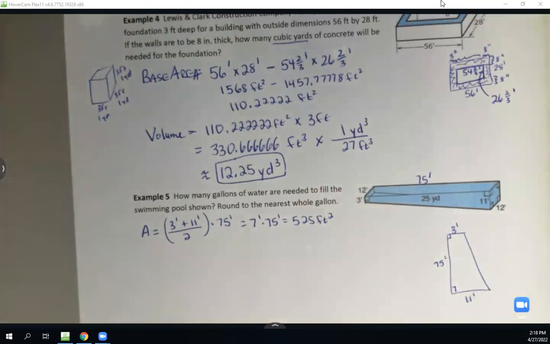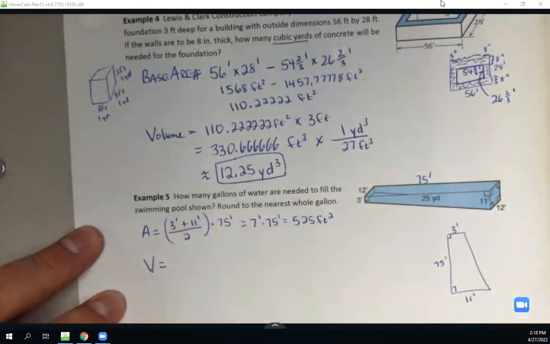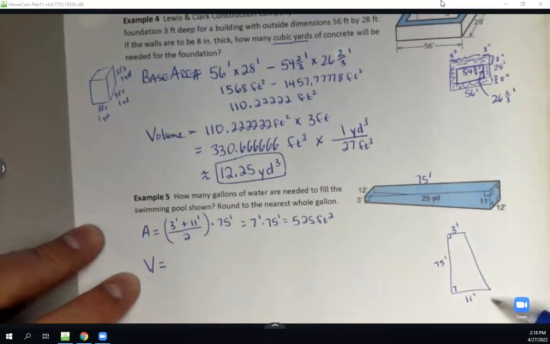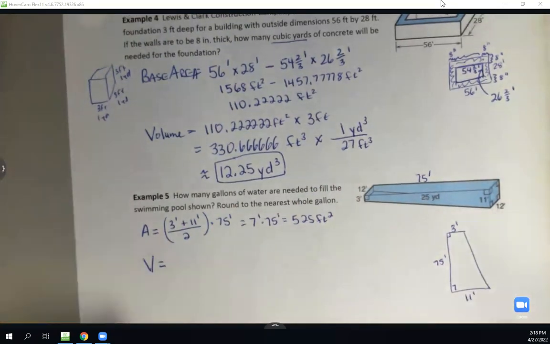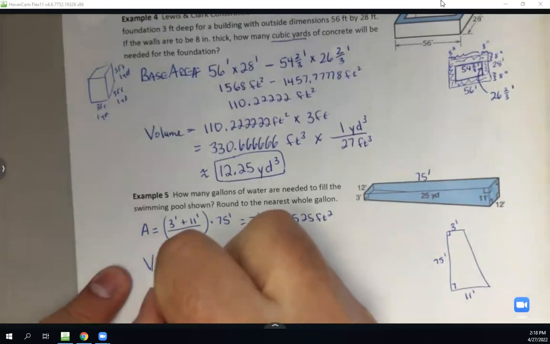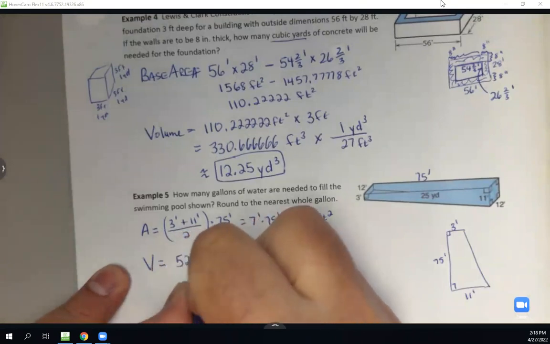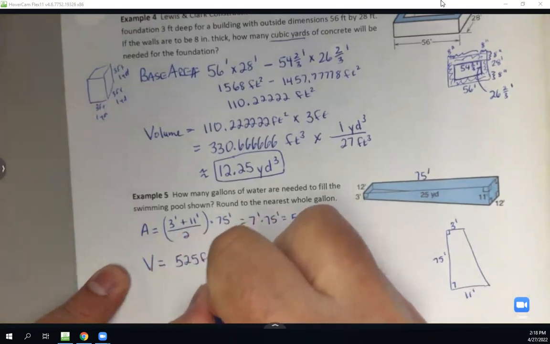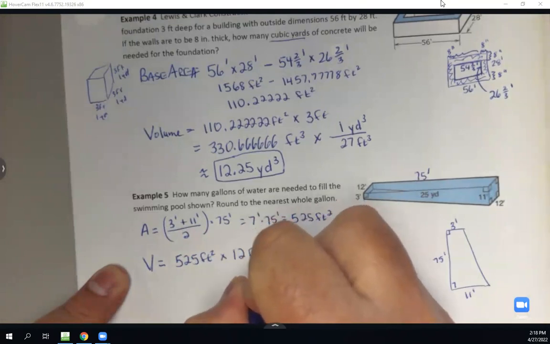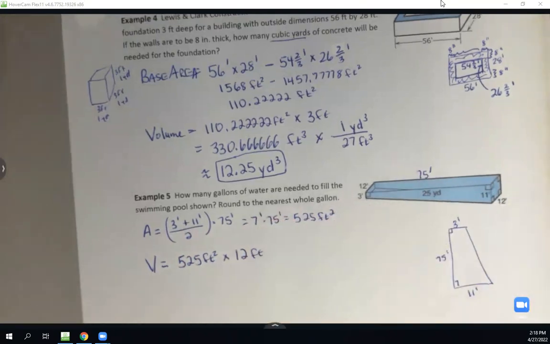Make sense? So the volume of the pool is going to equal the area of the trapezoid times the altitude. And again, the altitude in this case is the 12, like the width of the pool. So that's going to equal the 525 square feet times the 12 feet, which again is the width of the pool.